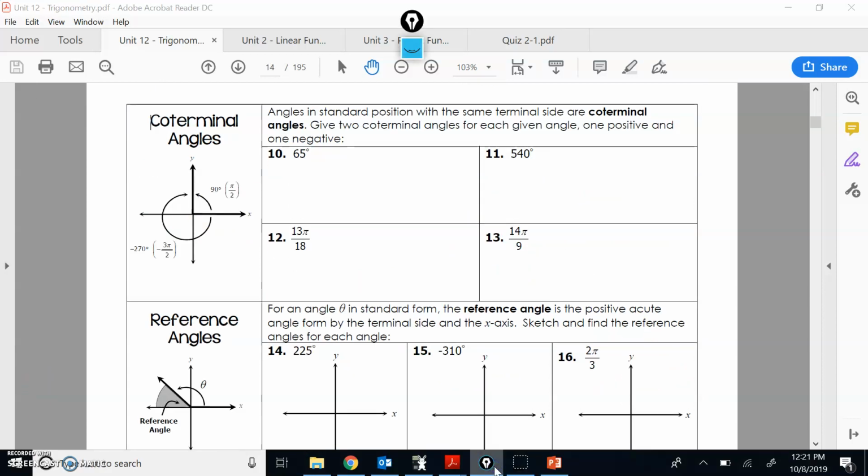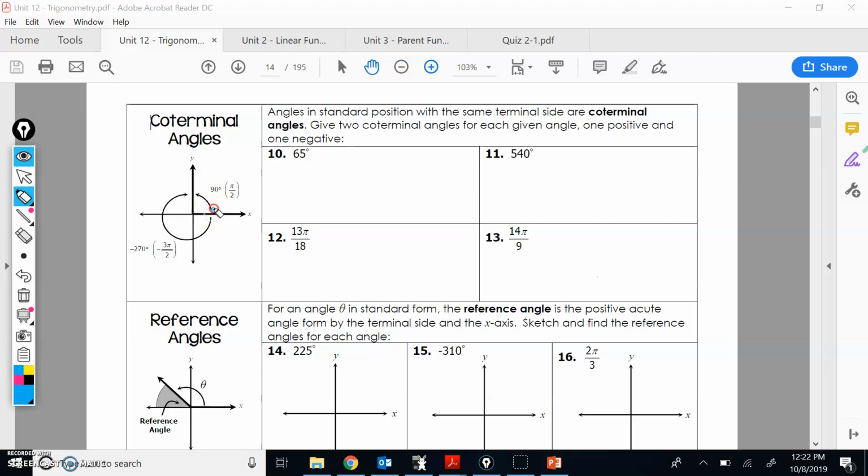Coterminal angles have the same starting point and the same ending point. Some of them might travel a longer distance, but they end at the same spot. An example is shown at the left here. 90 degrees, or pi over 2, travels from the x-axis up to the y-axis right here.